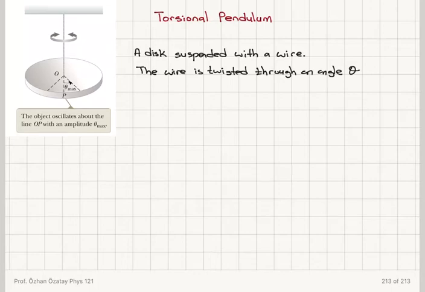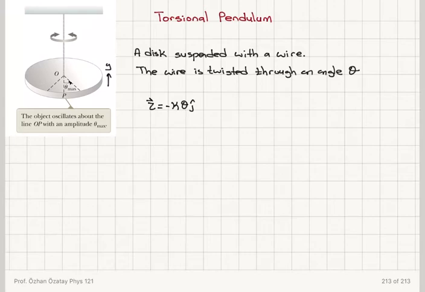theta. Okay, so just like the spring mass system, we have in this case a restoring torque instead of a restoring force that's going to act on this disc. So we're going to see that the wire will respond to my twist by exerting a torque minus kappa theta.